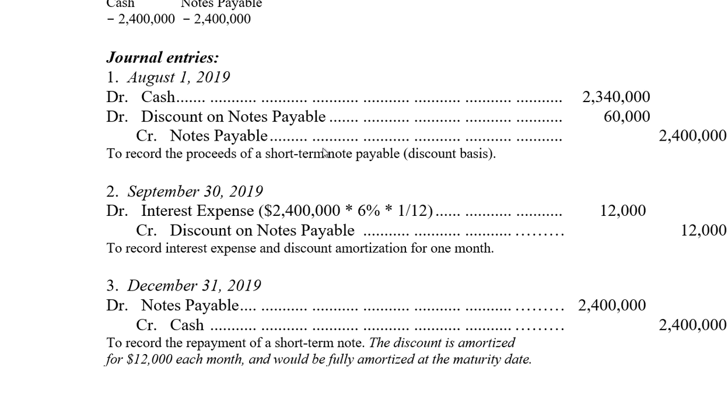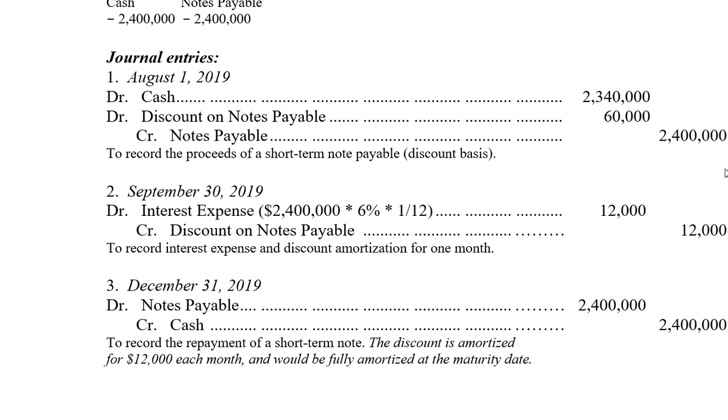And then if there's any discount on that notes payable that's on the books, then it would be listed right underneath notes payable as discount on notes payable, and that would decrease notes payable, because notes payable is a credit, discount on notes payable is a debit. Okay, and so the difference between the two would be listed on the balance sheet as your carrying value. So just to make a point, you'll need to know that, because it answers some of those multiple choice questions and stuff.